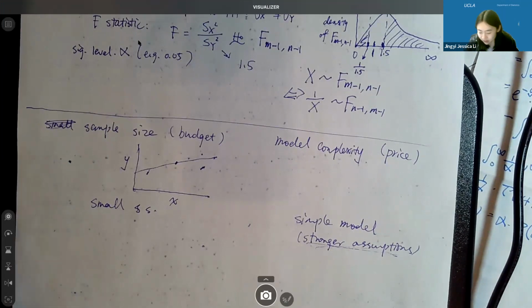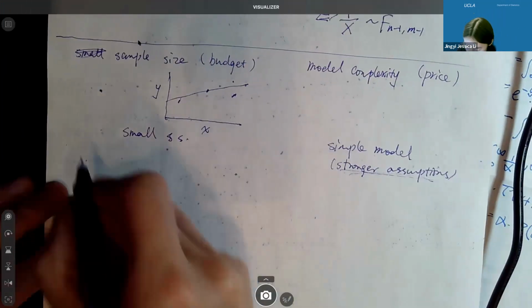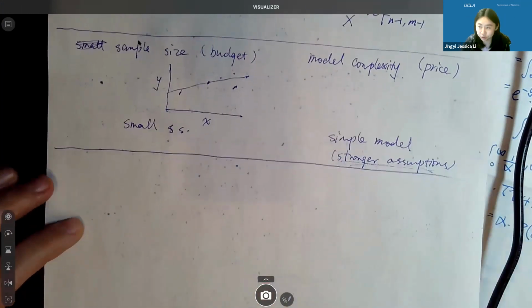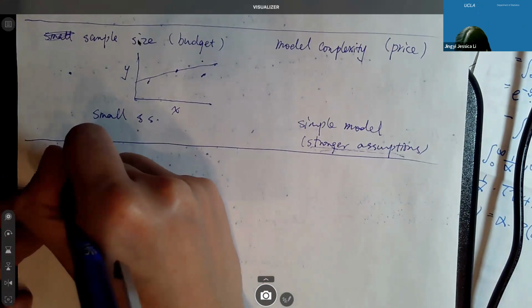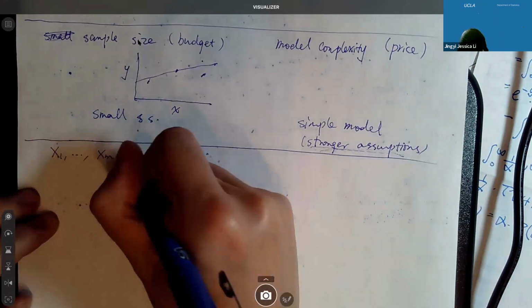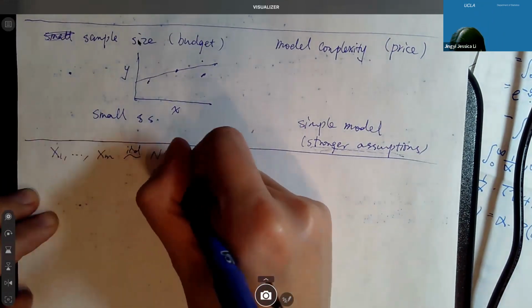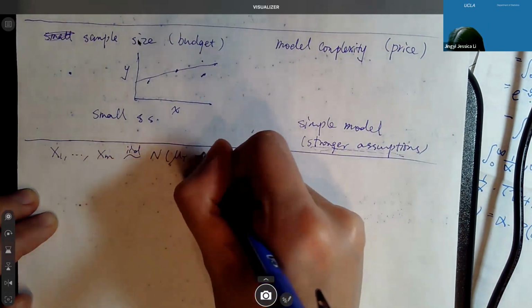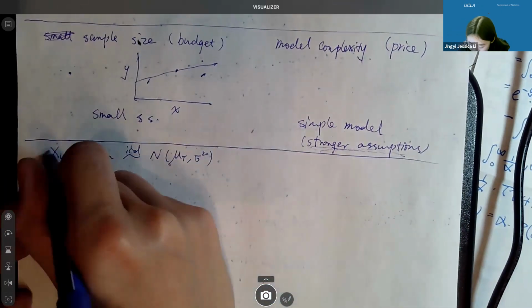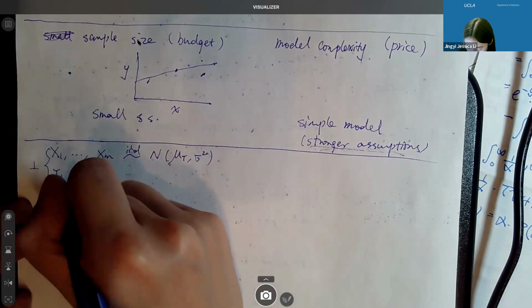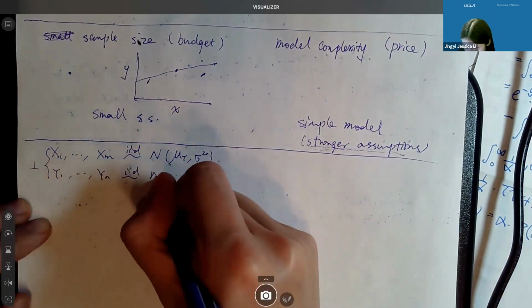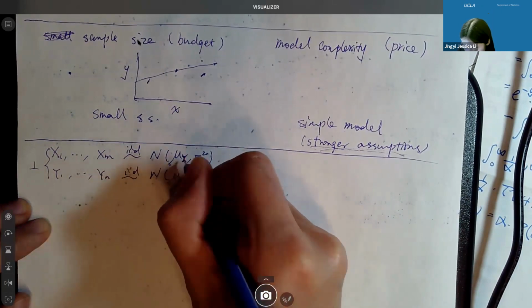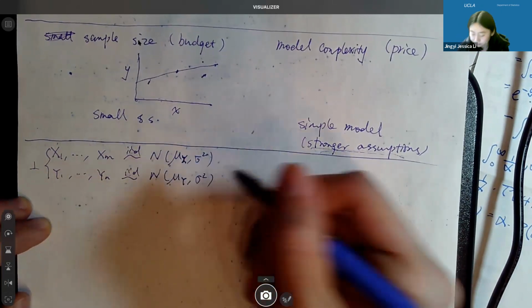Still under the framework, let's come back to the two-sample t-test framework. So we still have x1 to xm, now back to the common variance scenario, and independent with y1 to yn, IID normal, mean mu y, sigma squared.